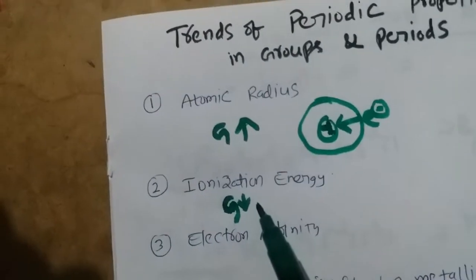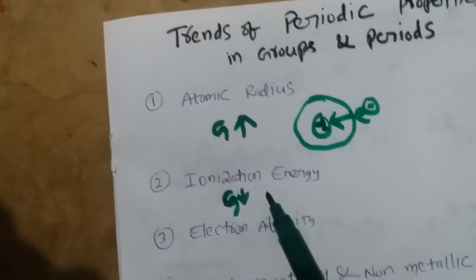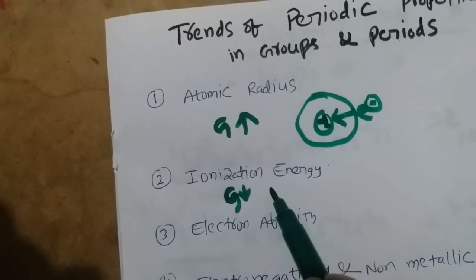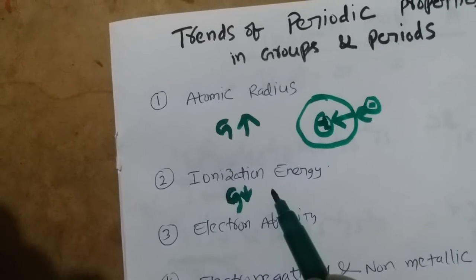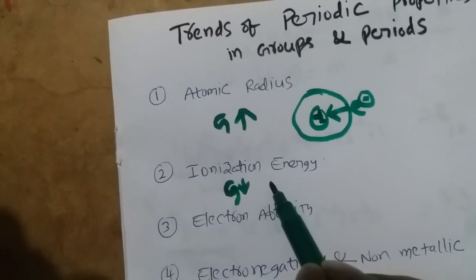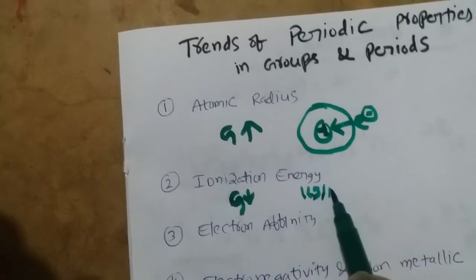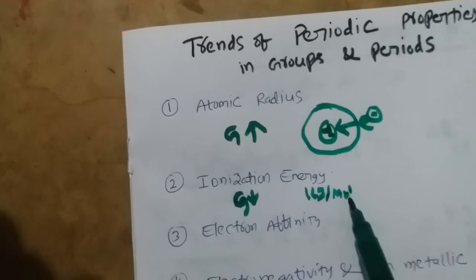What is ionization energy? Ionization energy is the removal energy of an electron from a neutral gaseous atom, measured in kilojoules per mole or kilocalories per mole.